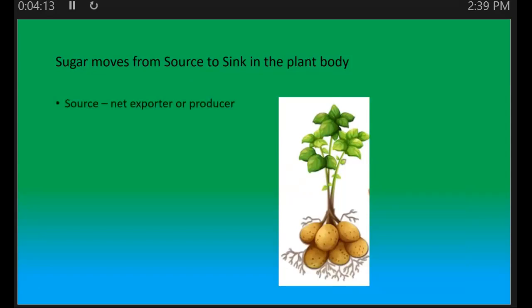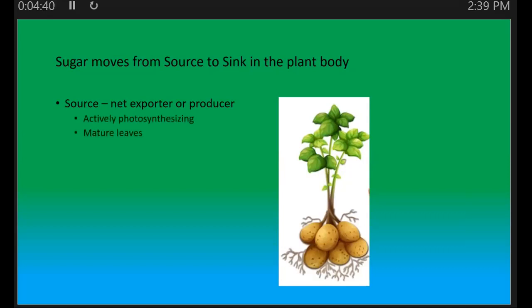What we mean by that is, if it's a source part of the plant, source tissue, that is a net exporter of sugar or a net producer. What that means is it makes enough sugar that it can meet its own needs, but then there's some left over. So then it can get sent and help out some other part of the plant body that's sink.